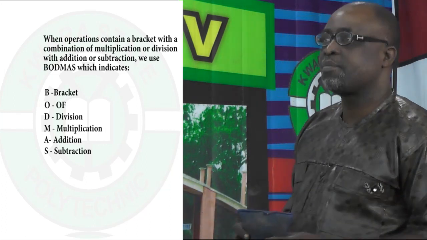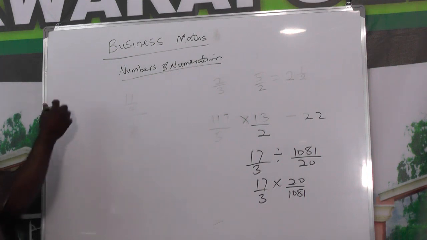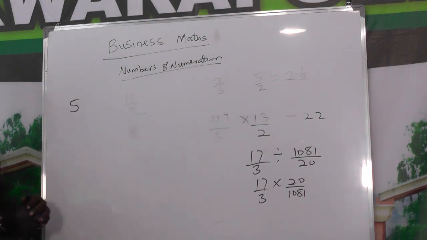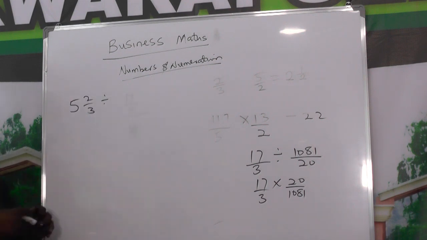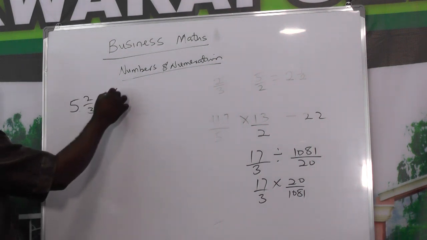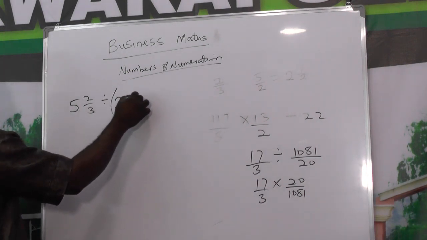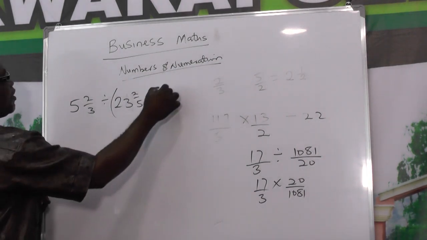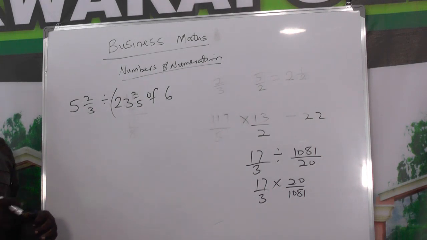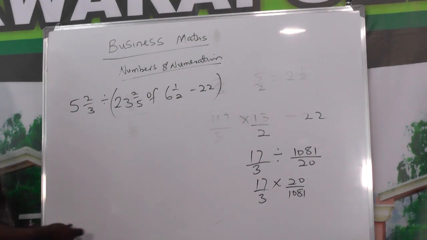Now, let's go to example. Let's take example 1. Simplify 5 whole number 2 over 3 divided by 2 whole number 2 over 5 of 6 whole number 1 over 2 minus 22.